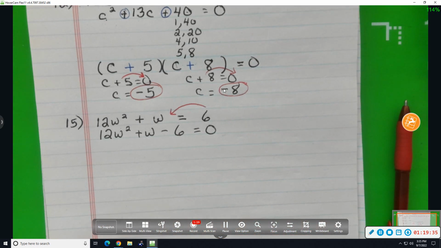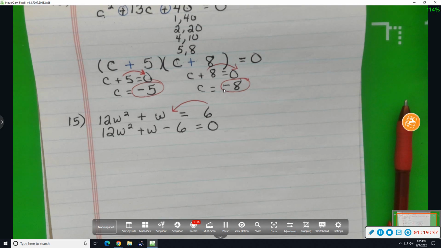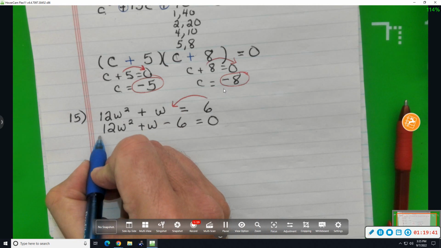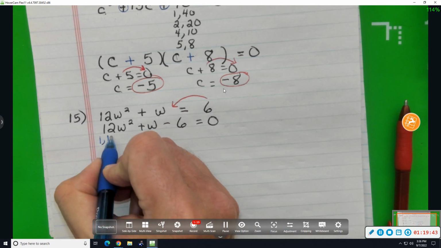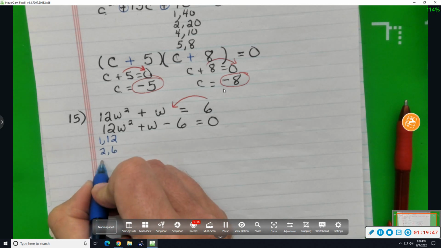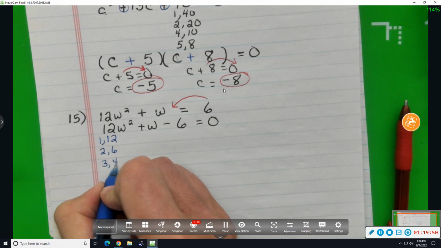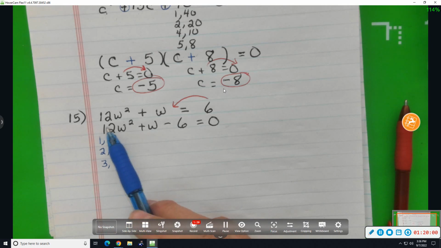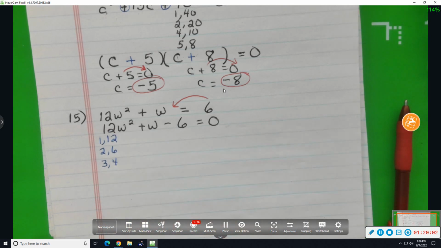Let's see. Now I'll start the factoring. Numbers that multiply together to give 12. 1 times 12. Remember once when I was teaching this, a student on a problem just like this said, stop right there. I don't know what you're doing. How are you getting those numbers? And the number was a 12 there. The rest of the students laughed.